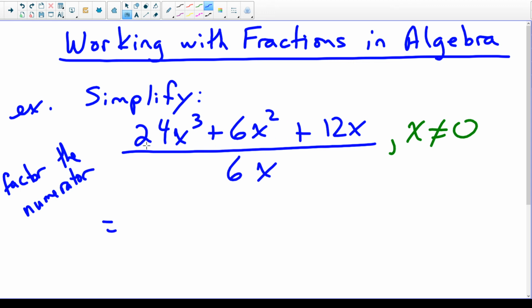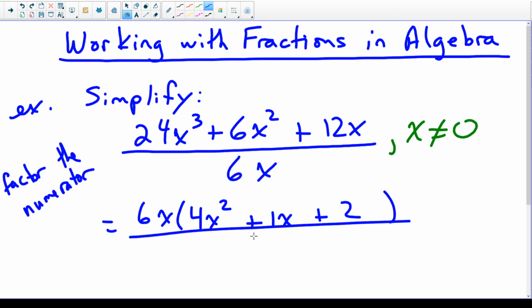So what can we pull out of all three of those terms as a factor? They actually all contain a 6x. And only once that happens can we now cross off the 6x with the 6x.